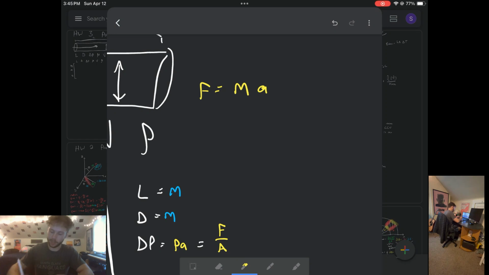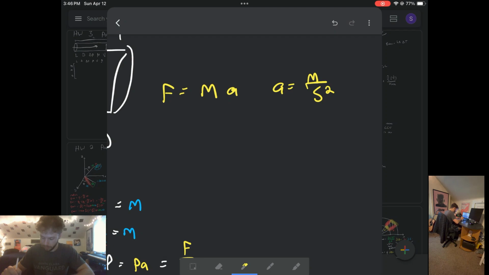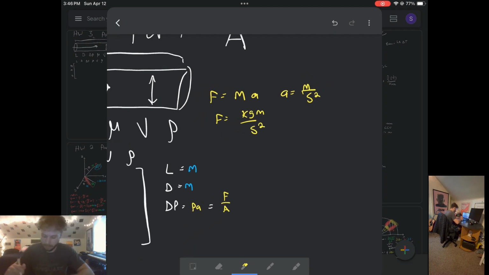And its acceleration can be described as meters per second squared. So with that, we'll have our force as kilogram meters per second squared.